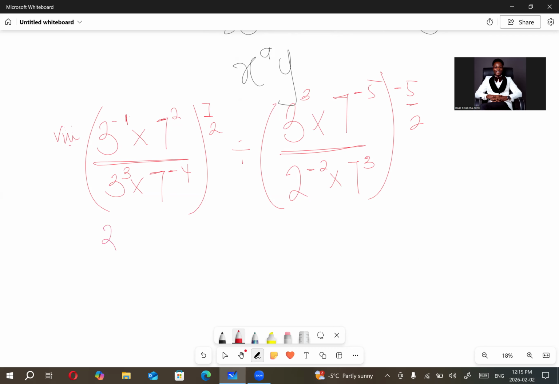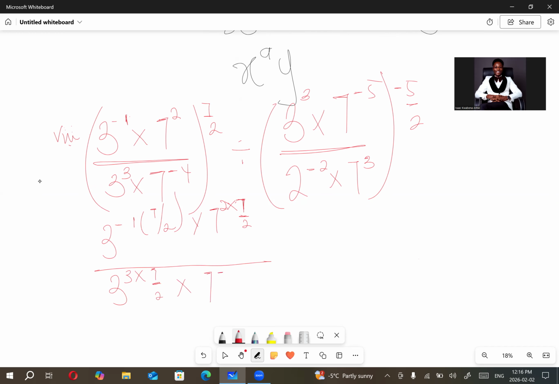So 3 exponent negative 1 will be affected by the power. When we are done, you can even confirm from your calculator. 7 exponent 2 will be affected by it. I'll need space. 3 exponent 3 will be affected by it.